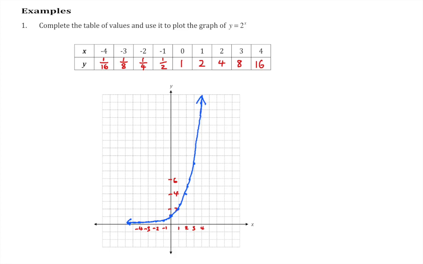Now it's important that we highlight the y-intercept, which is at 1, and there is a horizontal asymptote at y equals 0. That's another name for the x-axis. So there is our graph of y equals 2 to the power of x.